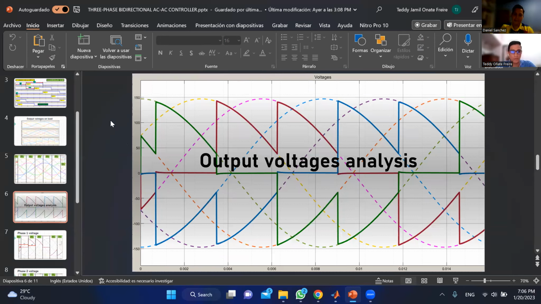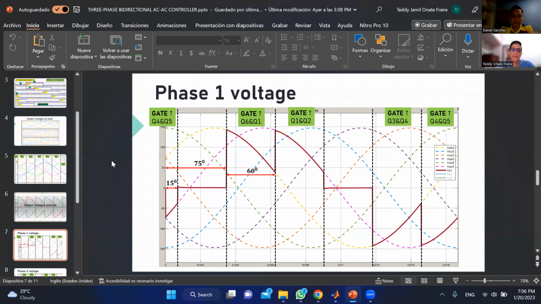Well, now I'm going to talk about the output voltages analysis, and here I will separate each phase voltage at the load. Phase 1 voltage is in red color, as we can see.